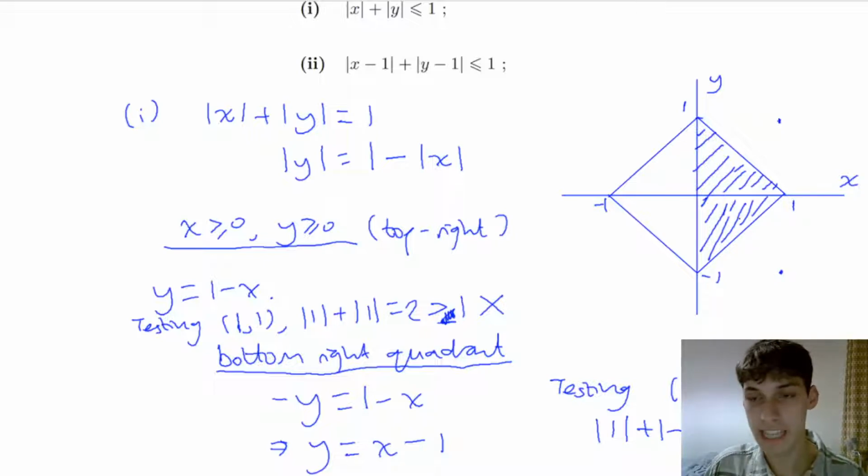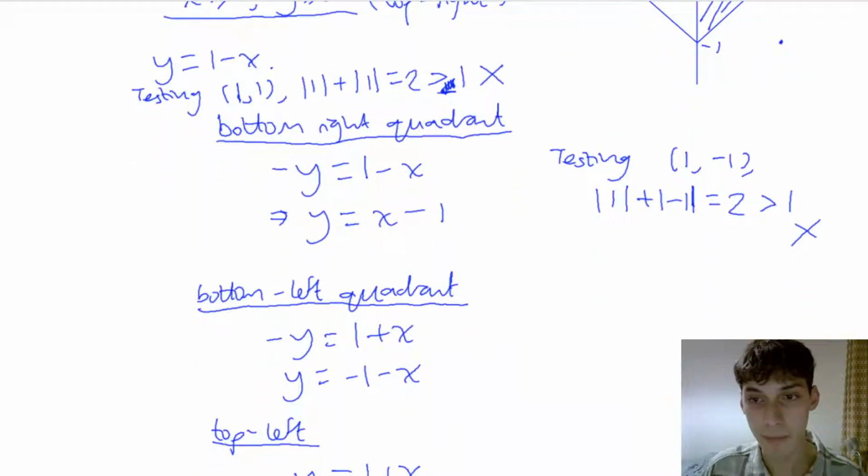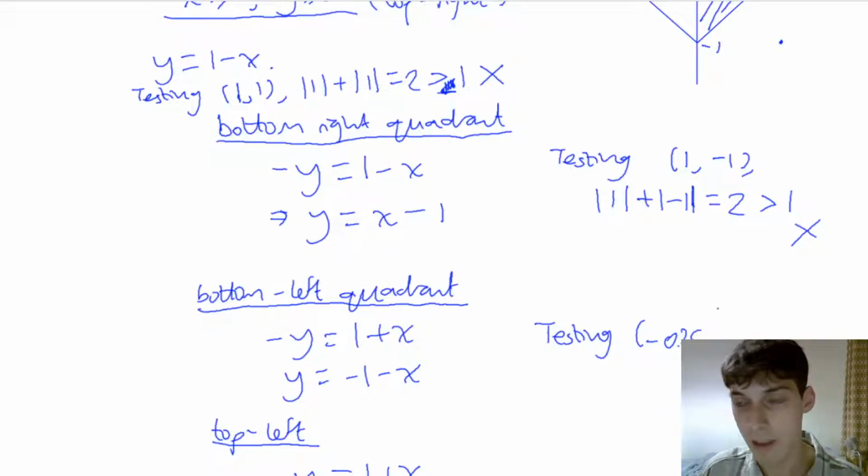Let's just, for the sake of varying things up a bit, try something different for the bottom left quadrant. Let's do a point about here. So that could be, say, minus 0.5, minus 0.5. So let's say bottom left, testing minus 0.25, sorry. Minus 0.5 would lie on the line. Minus 0.25.